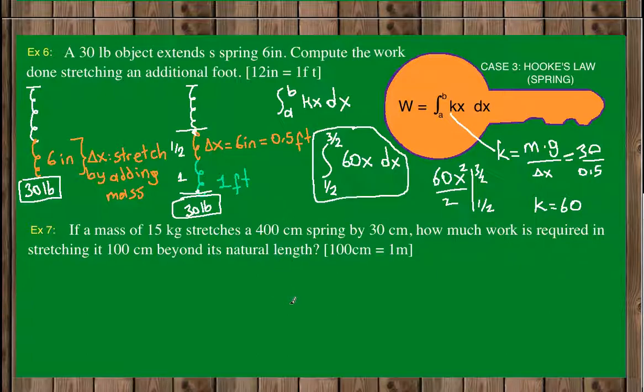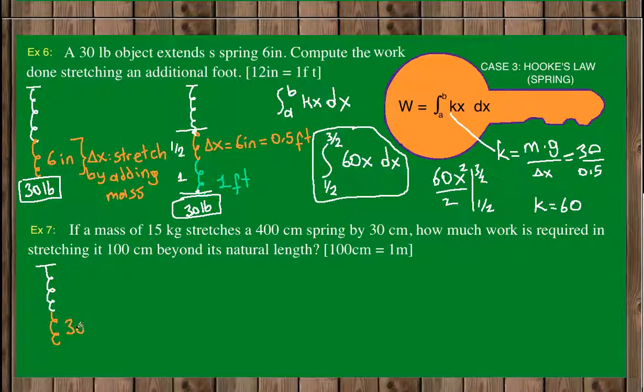If a mass of 15 kg stretches a 400 centimeter spring by 30 centimeters, how much work is required in stretching it 100 centimeters beyond its natural length? Okay, let's try to illustrate the question. We have a spring and there is a mass which stretches the spring 30 centimeters.